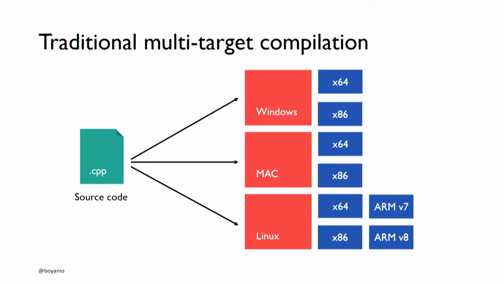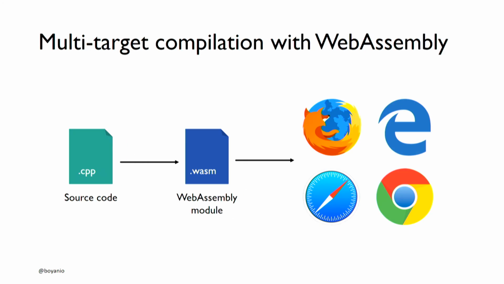So there are quite a lot of things that we have to do in order to distribute our app. With WebAssembly, we are using the browser's virtual machine in order to distribute our app to the world. And besides that, you could also use Node.js, because, hey, we also have a virtual machine running there. So we could not only use the browser for the web, we could also use Node.js for the backend.